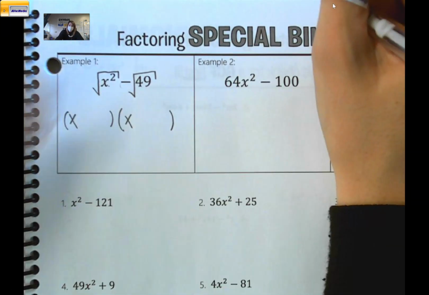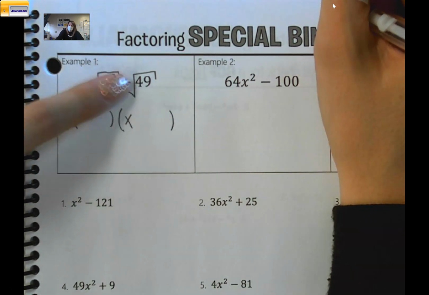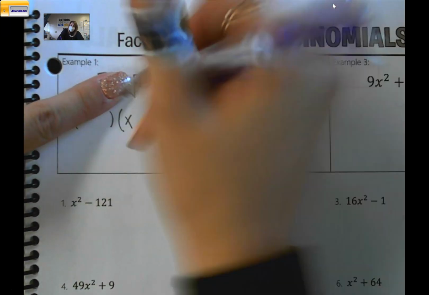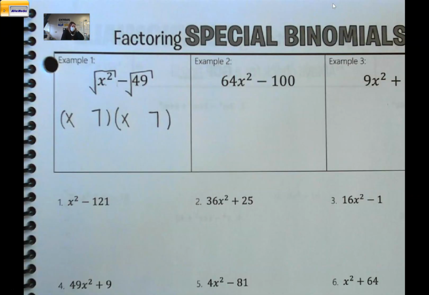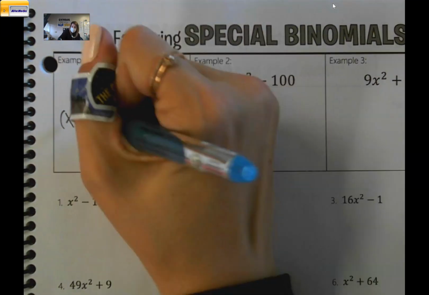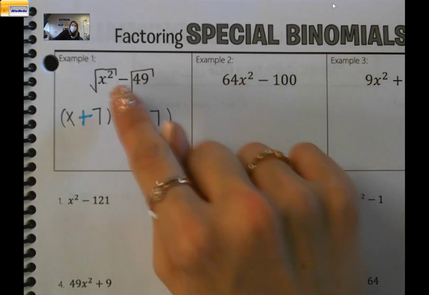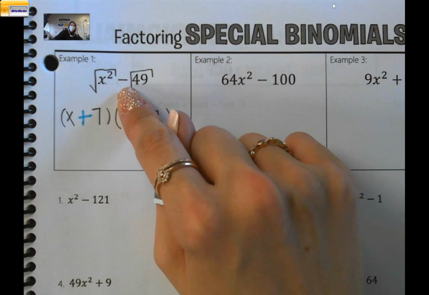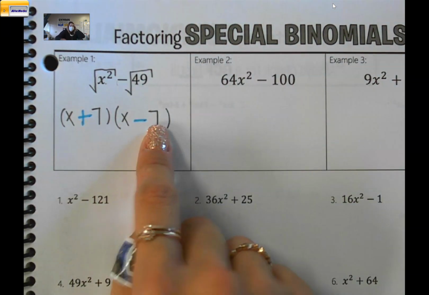So you put x in the first position down here. Then root of 49 is 7, so you put that in the second position. And then on all of your special binomials today, every single one, your symbols are plus and minus. So the factors of the special binomial x squared minus 49 are equal to x plus 7, x minus 7.